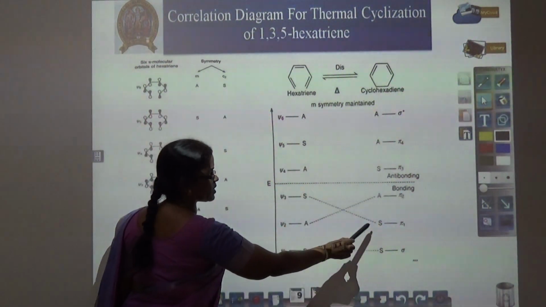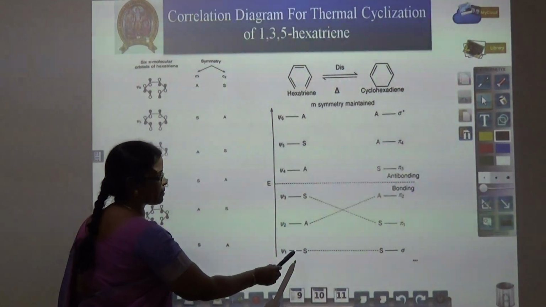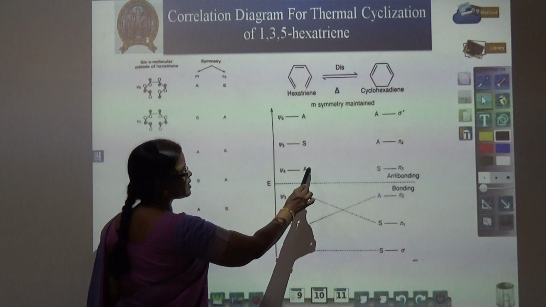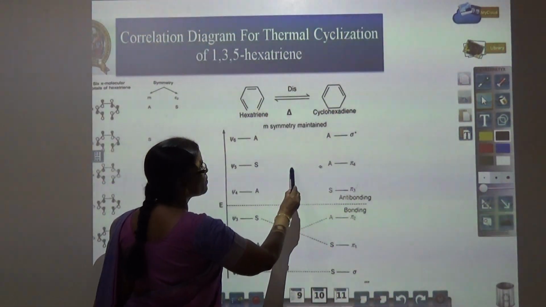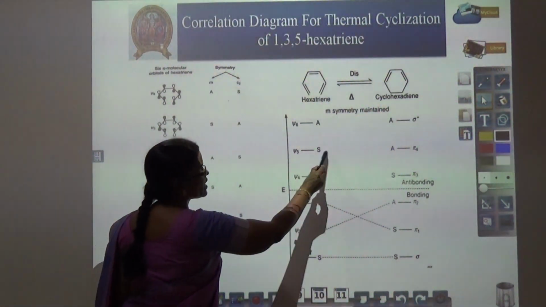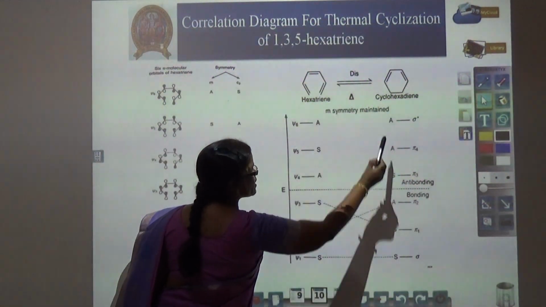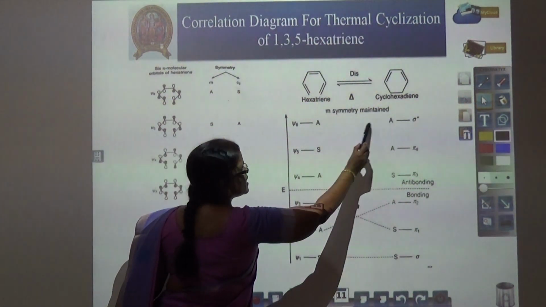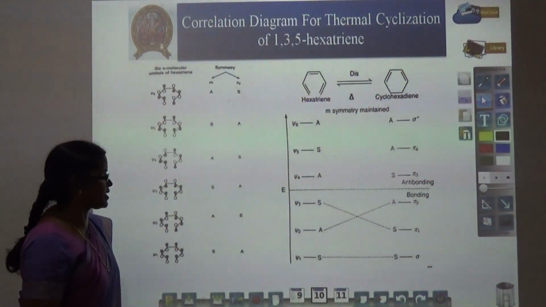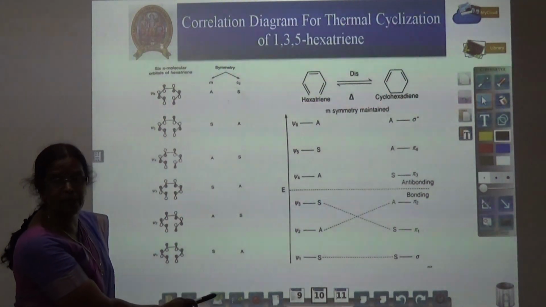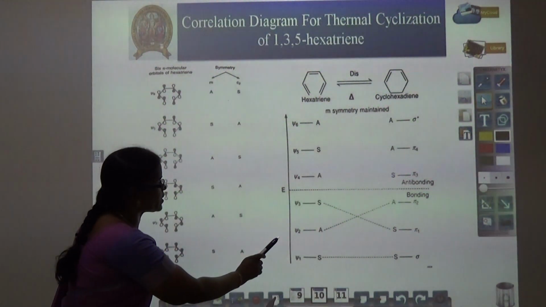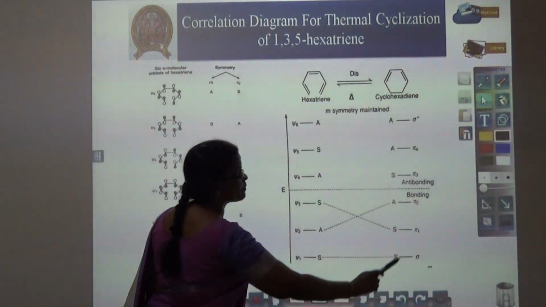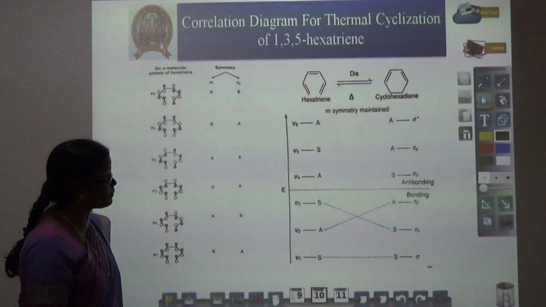The reactant molecular orbital and the product molecular orbital, located within the antibonding molecular orbitals, symmetric will correlate with symmetric, asymmetric will correlate with asymmetric. So it is a thermal process. The bonding molecular orbital of the reactant should correlate with the bonding molecular orbital of the product.